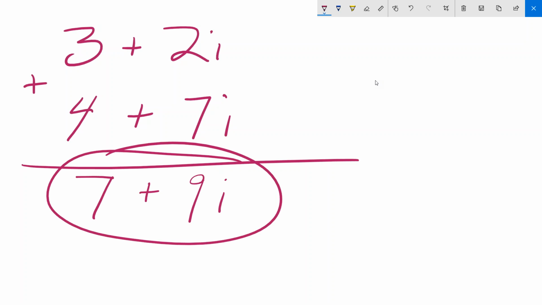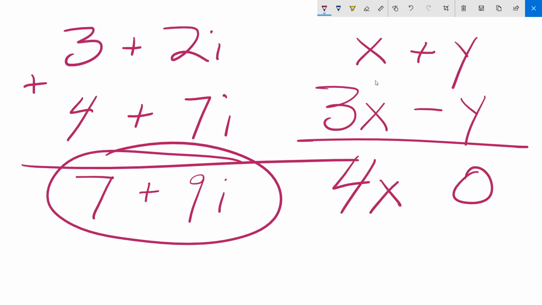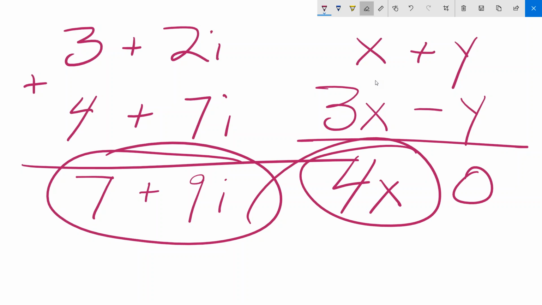In other words, it's the simplest thing in the world. Same way you would add x plus y. If I had an x plus a y and I wanted to add to it 3x minus a y, you just add the x's, add the y's, and you get that. No different. Same thing with subtracting complex numbers, which probably is the next question.